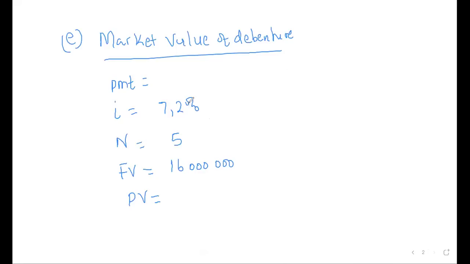So we are going to have 12%. It's going to be 16 million times that 12%, then we apply the after tax. How much are we going to have as our PMT? 1,382,400.